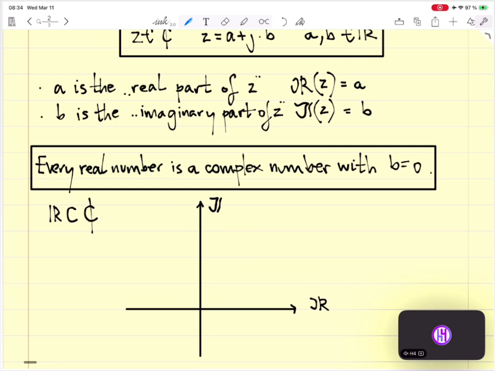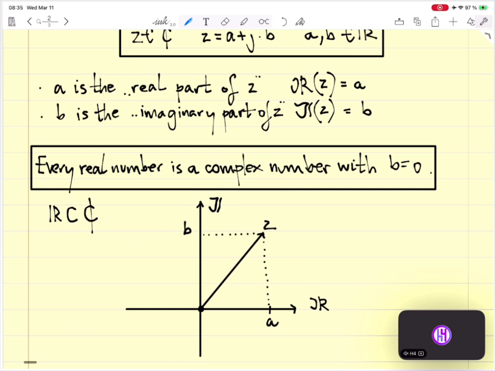And our complex number z is something like this. This is z. It has a real component and it has an imaginary component. Are we cool?